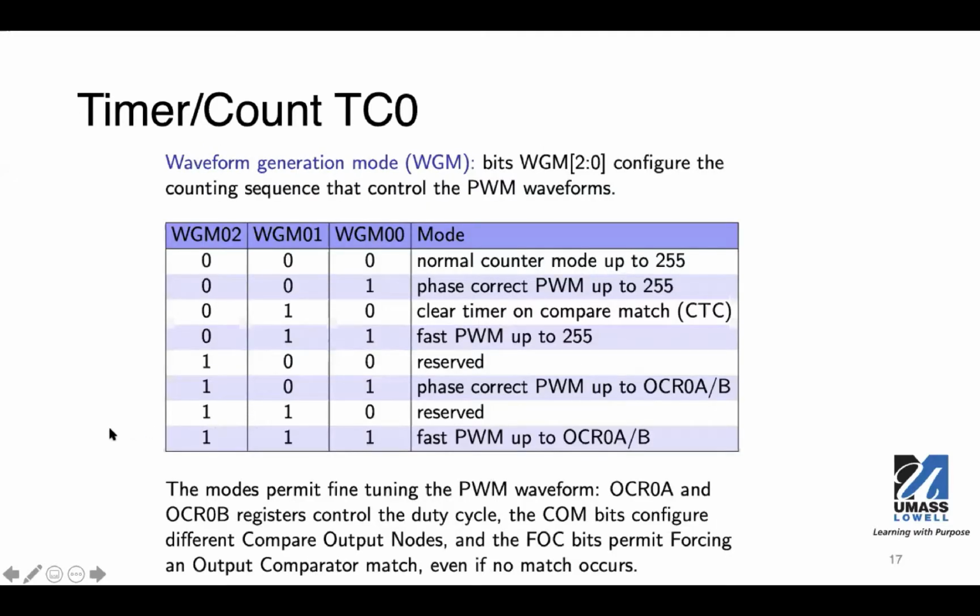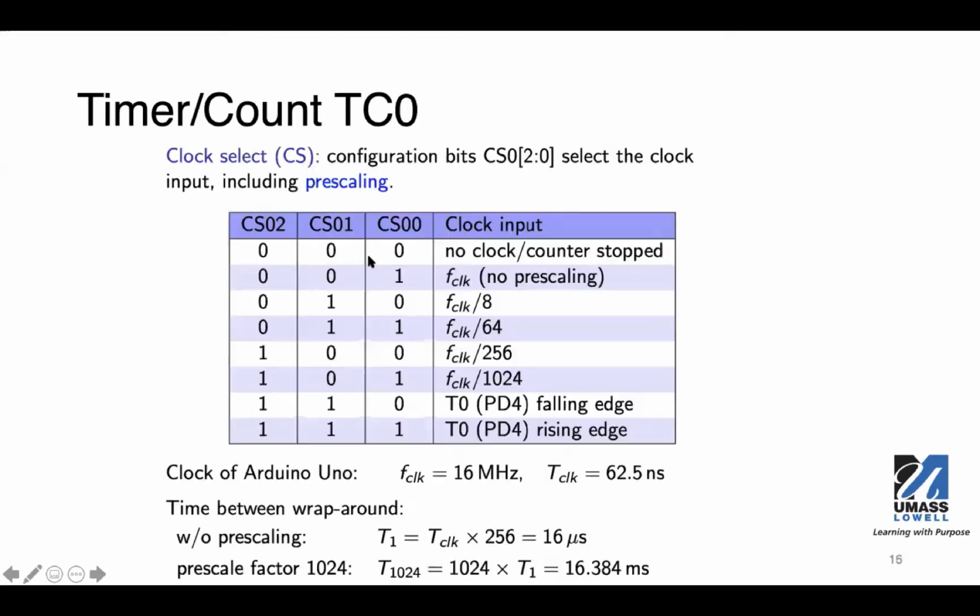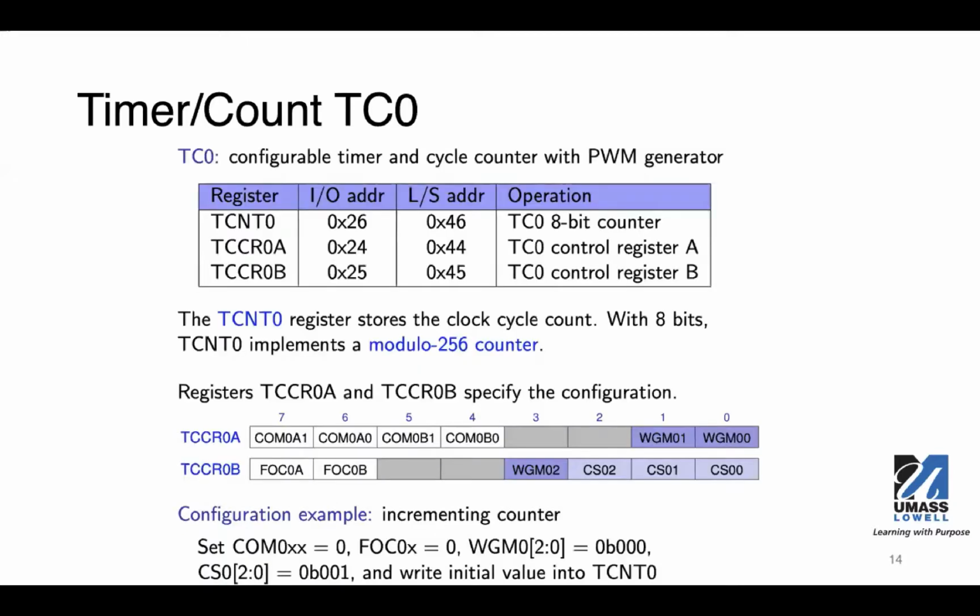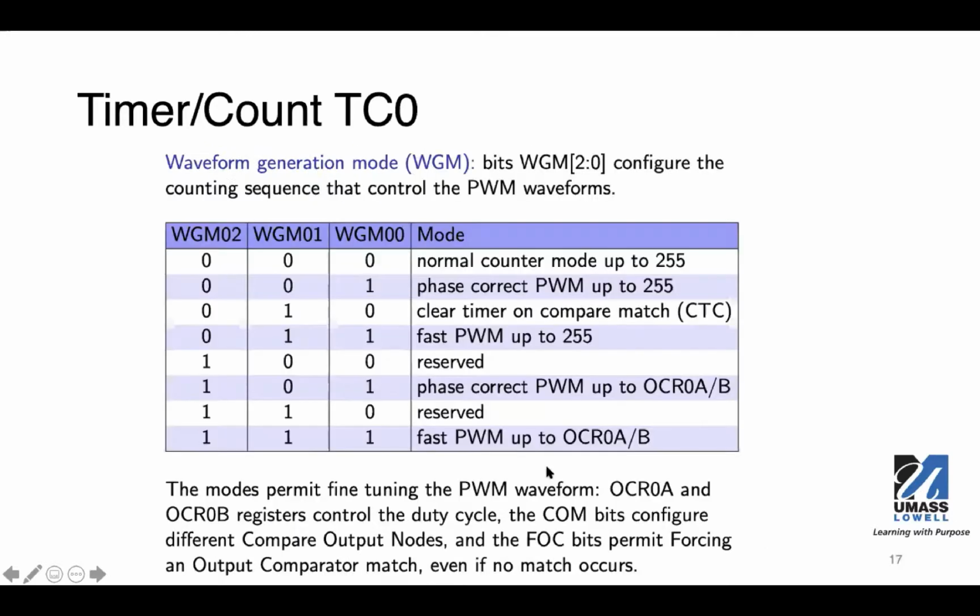Let's see. For the waveform generation module, if you want to generate PWM, you can use these several bits, which are, let me go back here, actually here. So we can use these 3 bits, these 2 here and this one here, to basically select how we want to generate a waveform.